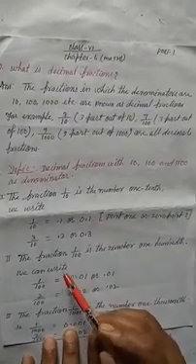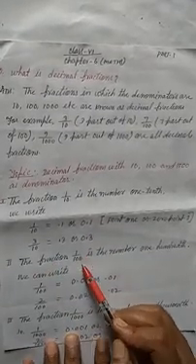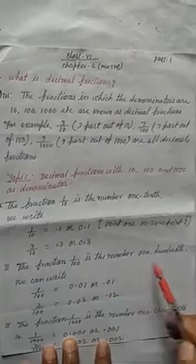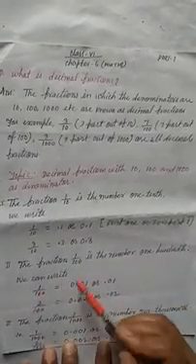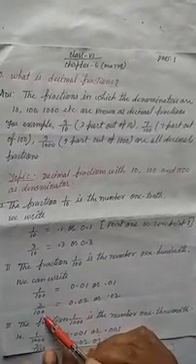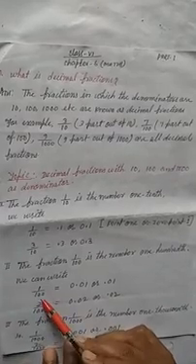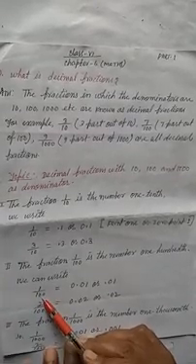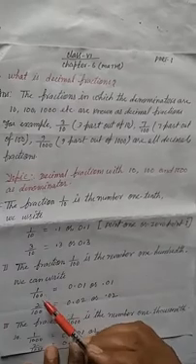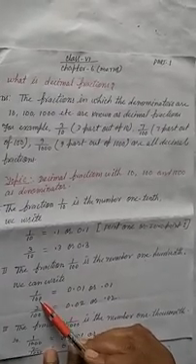Now next, the fraction 1 upon 100, and the second example 2 upon 100. In the denominator 100, the number of zeros is 2 here.